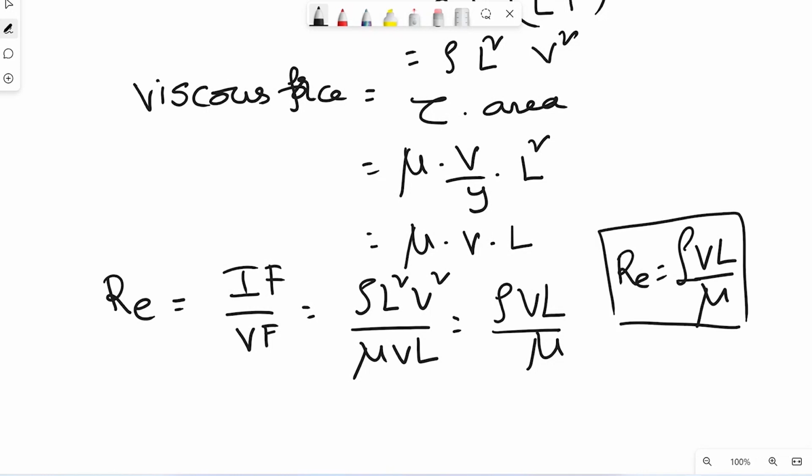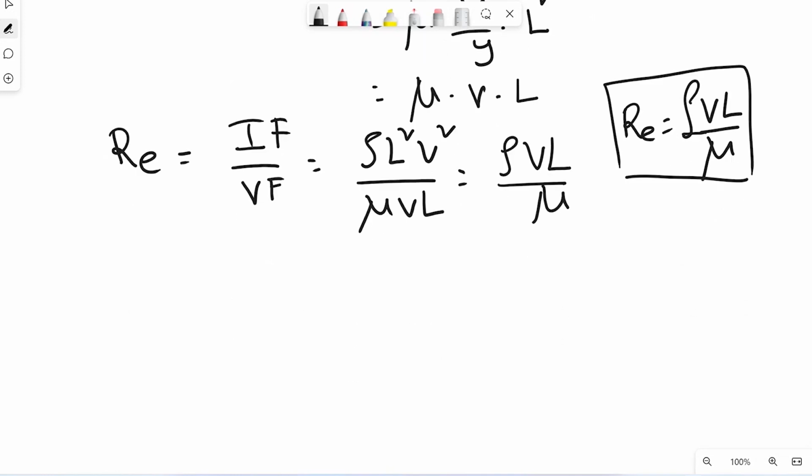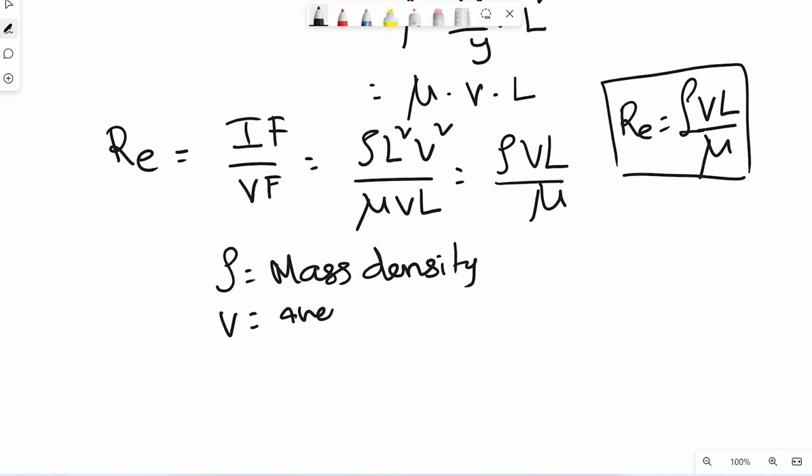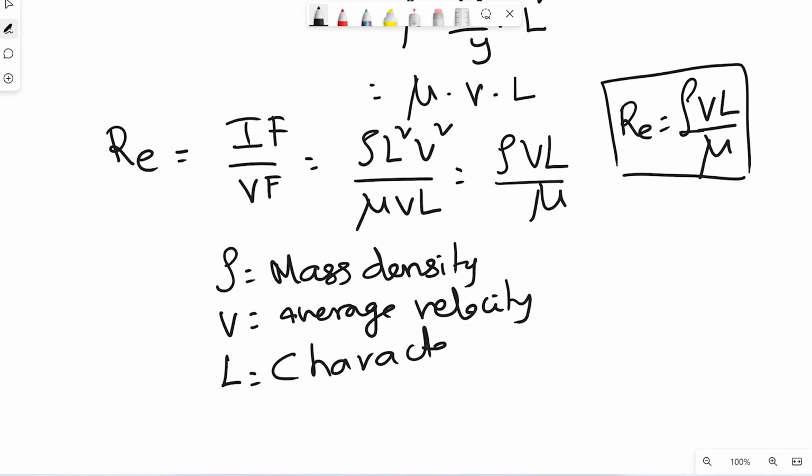So this is the important thing. Then you should remember what each symbol is. Rho is the mass density. V is the average velocity. L is the characteristic length.